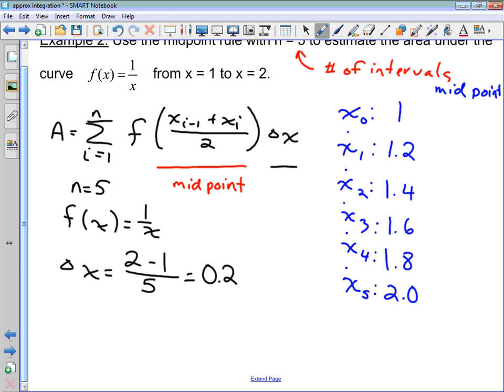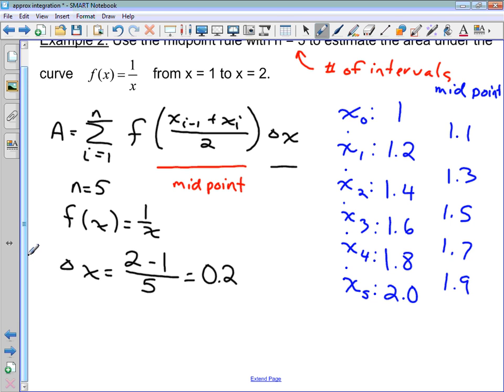My midpoint between 1 and 1.2 is going to be 1.1. Similarly, between 1.2 and 1.4, my midpoint is going to be 1.3. So I can figure these out, and those are my midpoints. I don't have to do this average every time. Because this is just the midpoint, I'm just going to put my midpoint value in there.